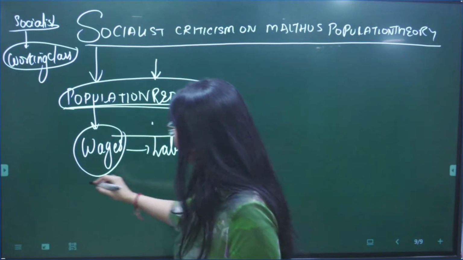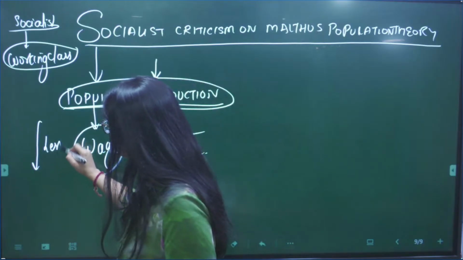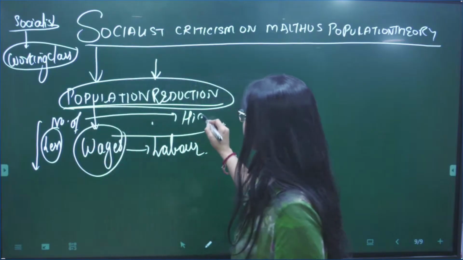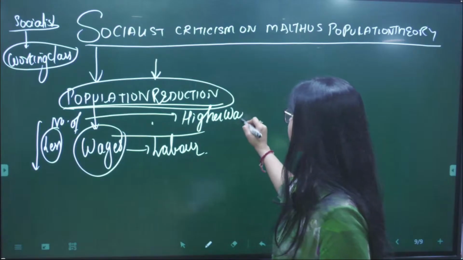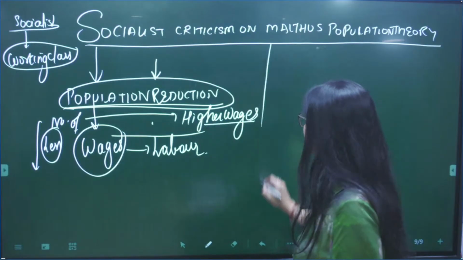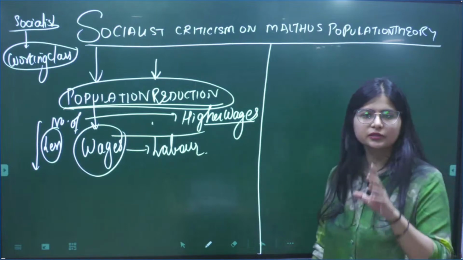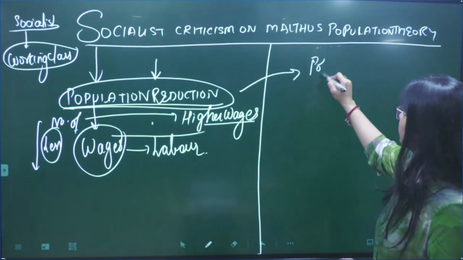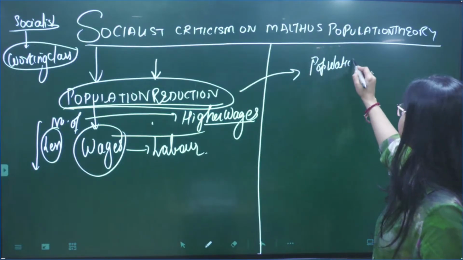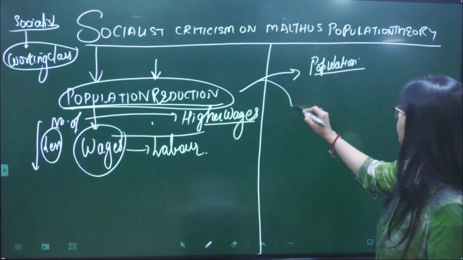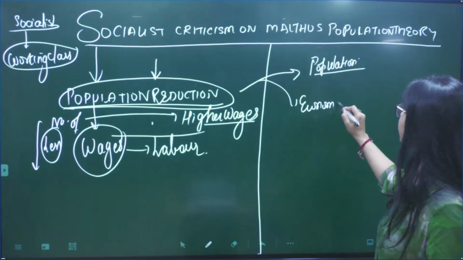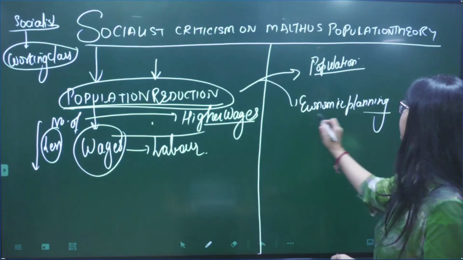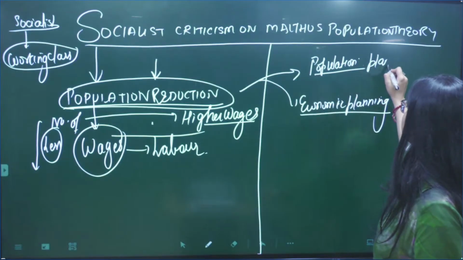Why? Because the number of laborers would get less. So what will they get? Higher wages. Getting the point? They also focused on the fundamental problem not being in population planning, but rather in economy planning.